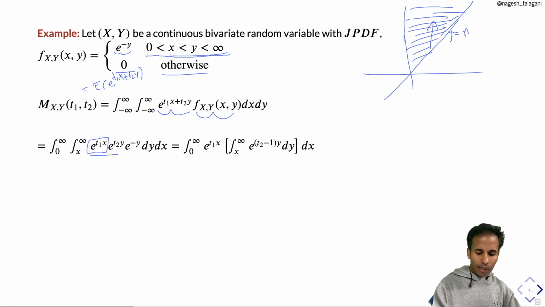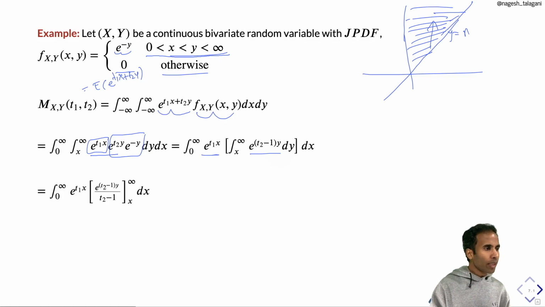of the first integral. So I can write e power t1x, and this is going to be e power t2 minus 1 y. Now, integral of e power t2 minus 1 y with respect to y is going to be e power t2 minus 1 y by t2 minus 1. Now we have to evaluate this with limits x to infinity.